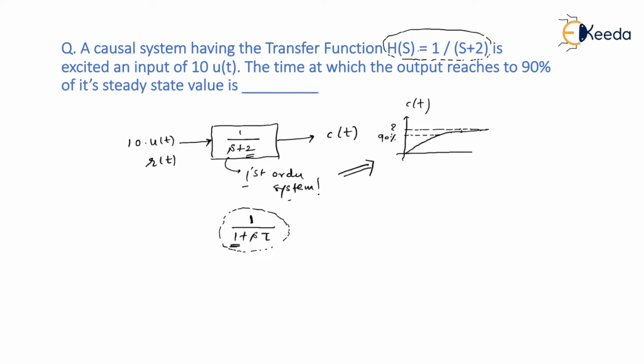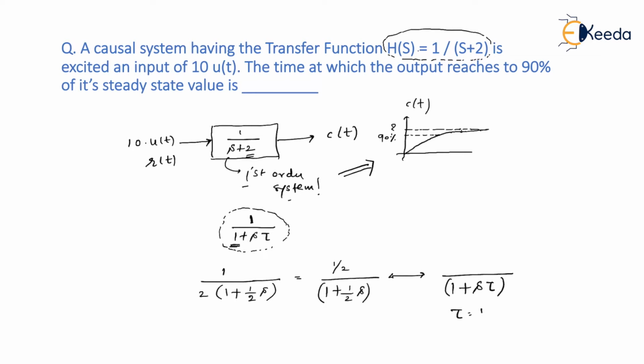So it would be 1 upon, I'll take 2 common. What we will have in the denominator is 1 plus 1 by 2 times s. Or I can write this way: it is half divided by 1 plus half into s. Now if I compare with 1 upon 1 plus s tau in the denominator, the value of tau comes out to be half, and the numerator is nothing but k.